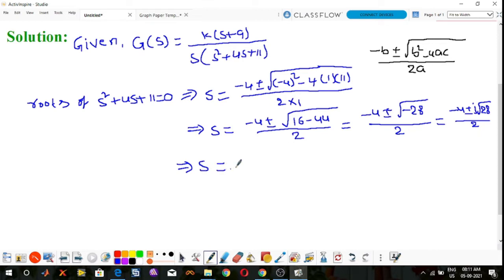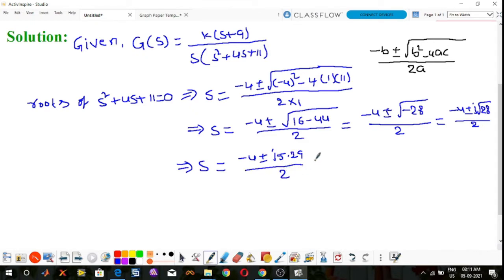So s = (-4 ± j√28) / 2, where √28 is 5.29.